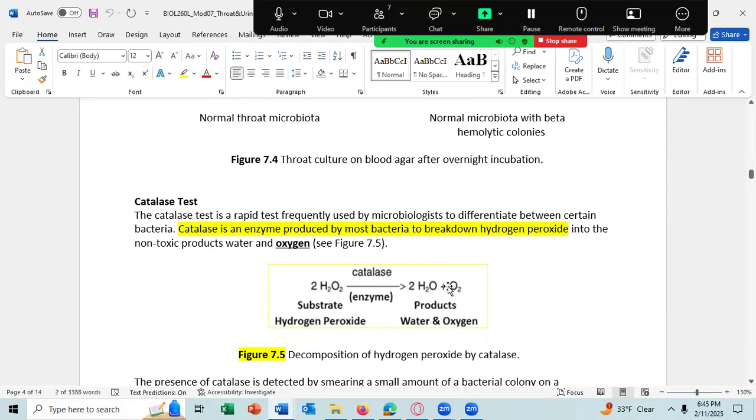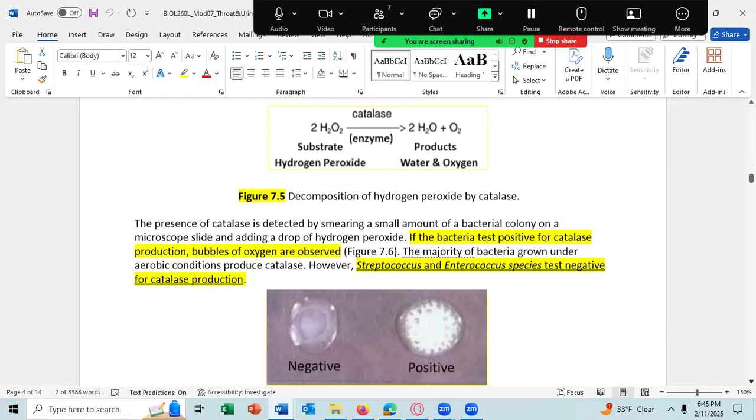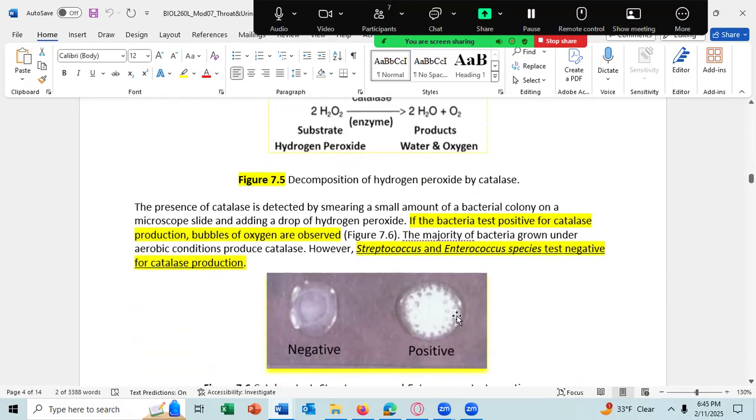The oxygen will create bubbles, and so we look for the production of bubbles. If you see bubbles, it's catalase positive. If there are no bubbles, it's catalase negative. Any question about any of that?